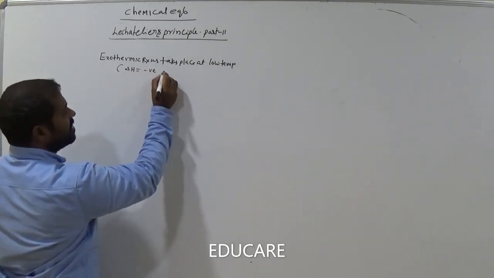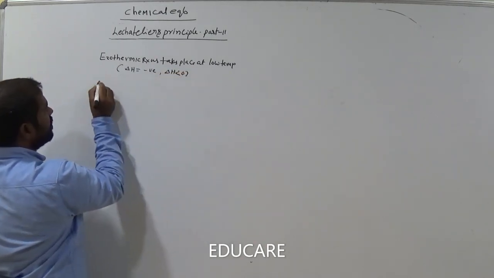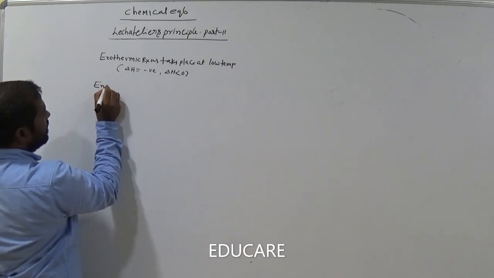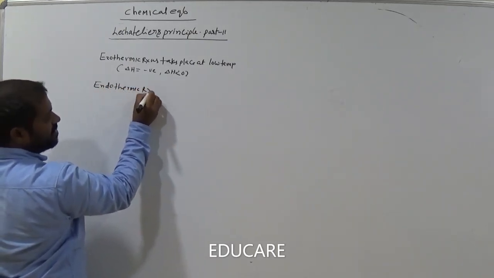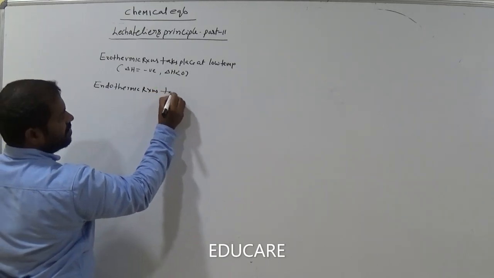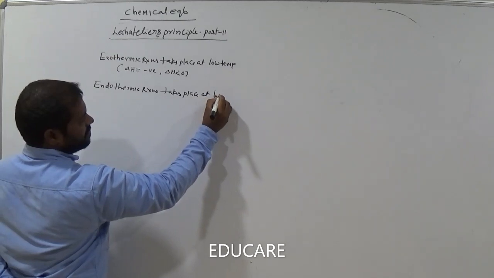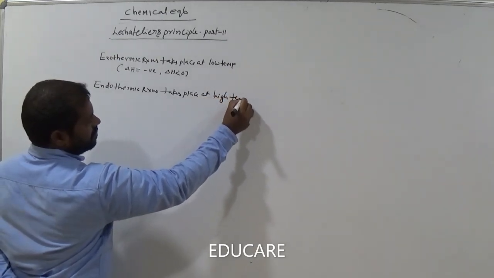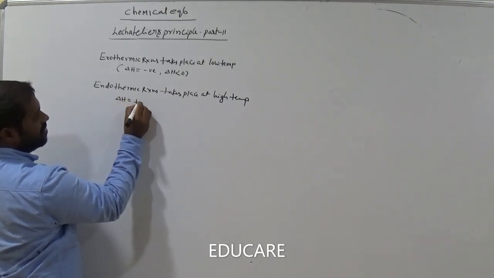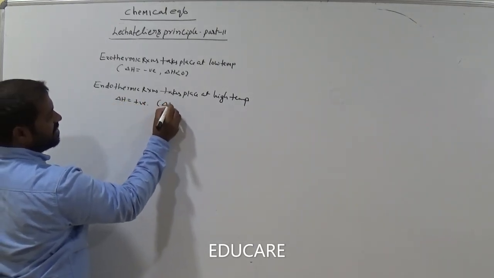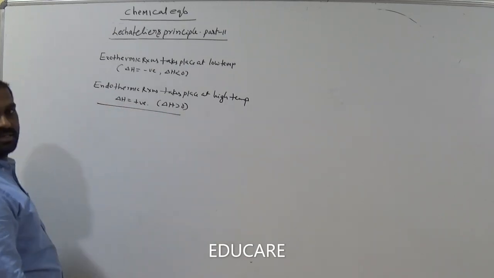Delta H value is less than 0. For an endothermic reaction, it takes place at high temperature, that means delta H is positive, that means delta H is greater than 0. Okay.